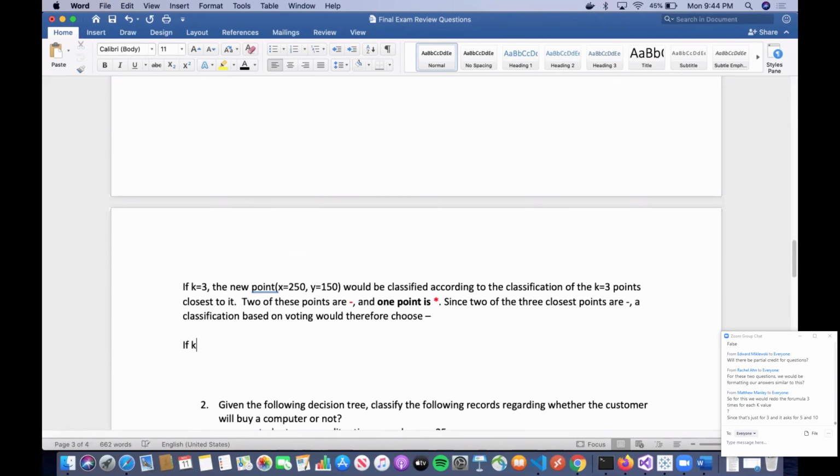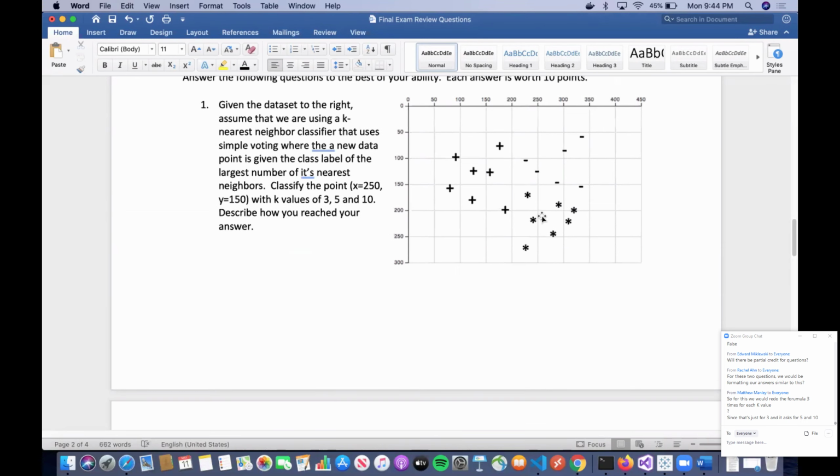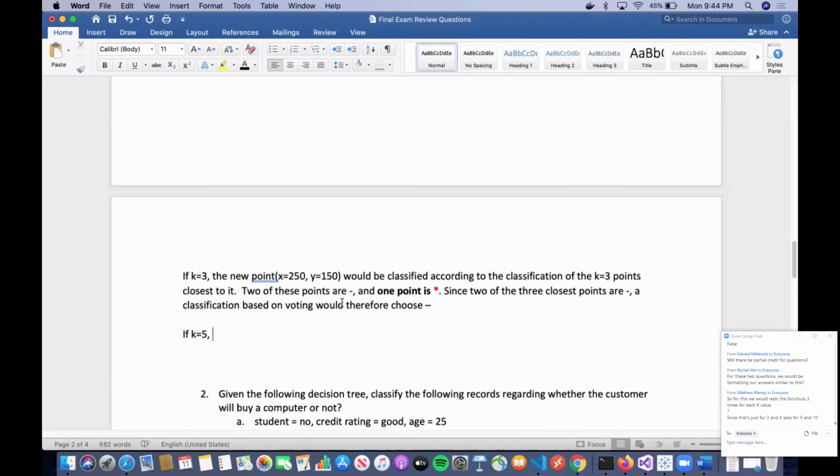So say if k equals 5. Now I changed my k to 5, but keep in mind, we still have the same point, right? So if k is 5, our new point would be classified according to whatever is here.